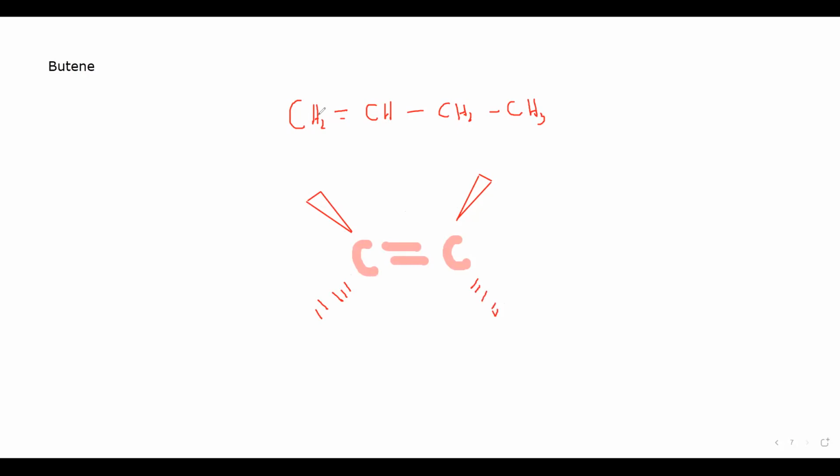So these are the two carbons which have a double bond, two hydrogen, one in, one out. For this one, hydrogen is there and then CH2 and CH3 is attached.